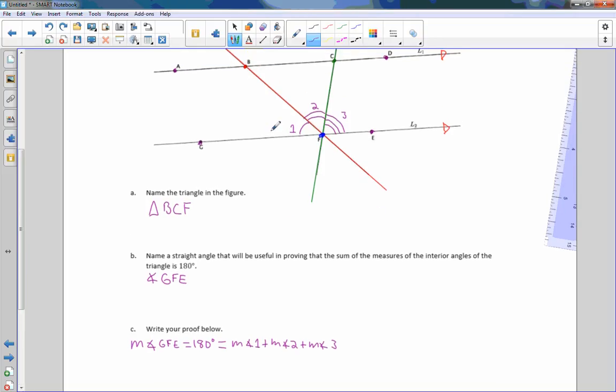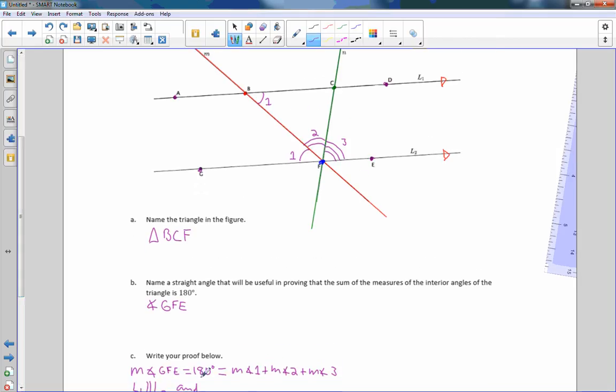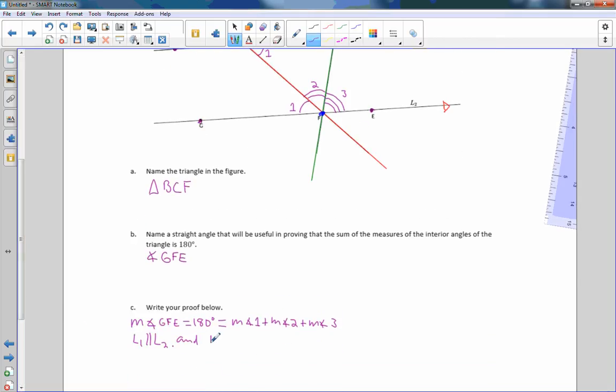All right, so now I know that I have angle 1, and this angle here is also going to be equivalent to angle 1, because this is a straight line. I'm going to write that: L1 is parallel to L2, and line M is a transversal.